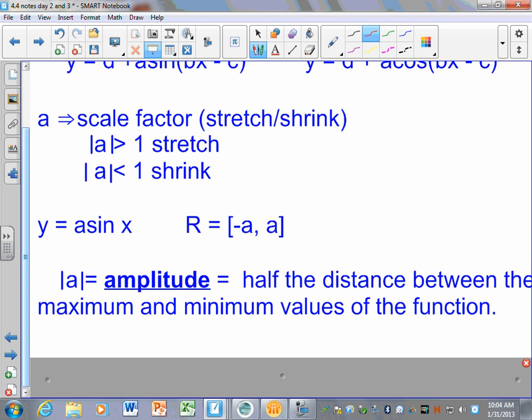The amplitude will always be how high and low your graph goes, or they describe that as half the distance between the maximum and the minimum, between the highest and the lowest point. Do you agree with that?